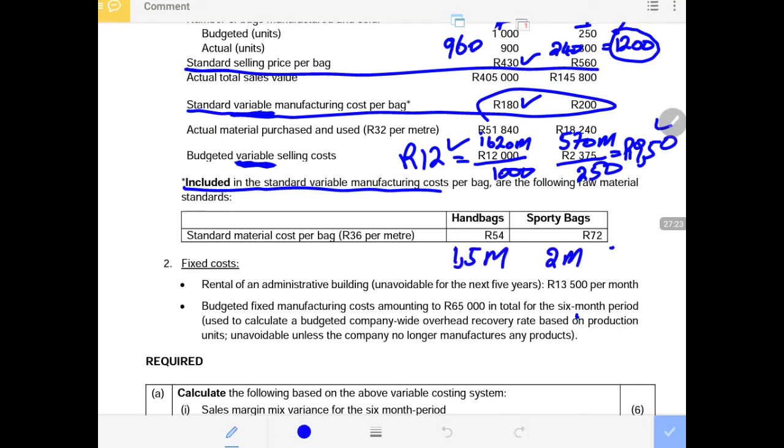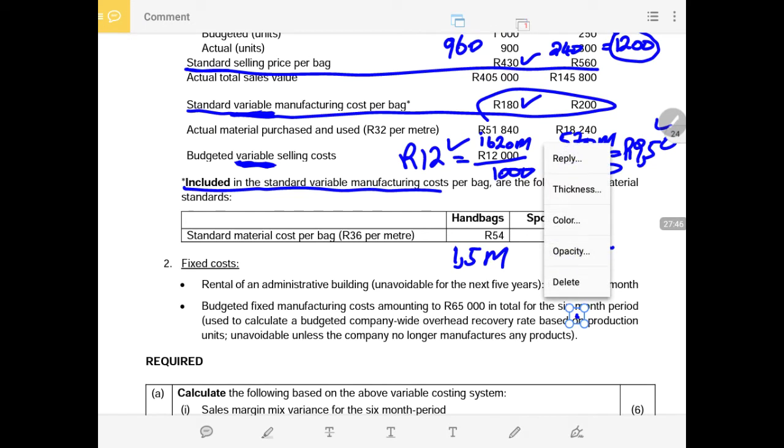So we are given with the last information, number 2, which is the fixed cost, where they say rental on the administrative building is unavoidable for the next 5 years, obviously because of the contract, which is 13.5 per month is our rent, which is fixed every month for the next contractual agreement that is binding for the next 5 years.